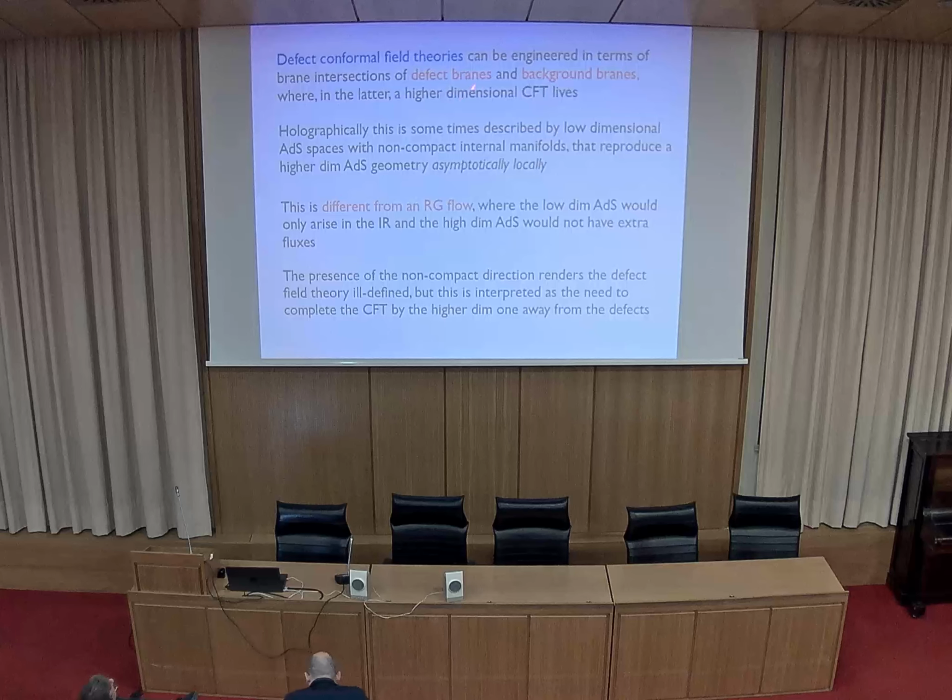So on the geometrical side, what happens is that this lower dimensional AdS will arise in the near horizon limit of the whole brane intersection.